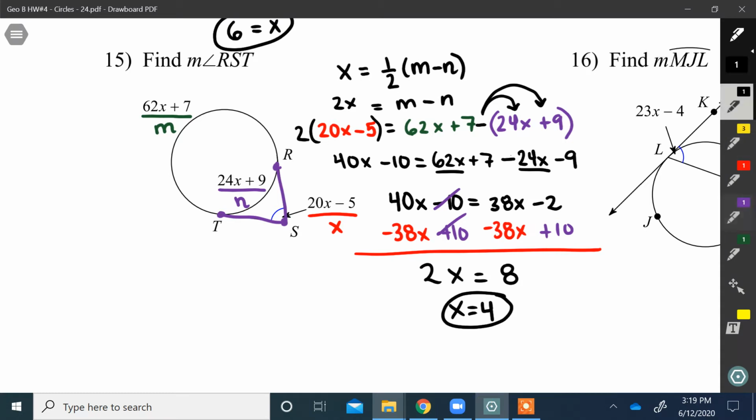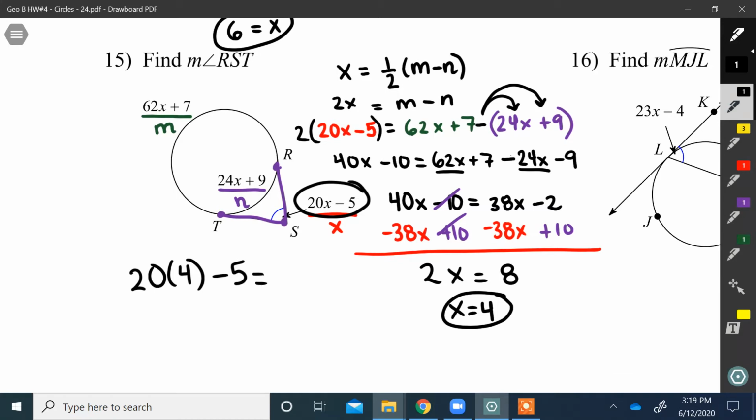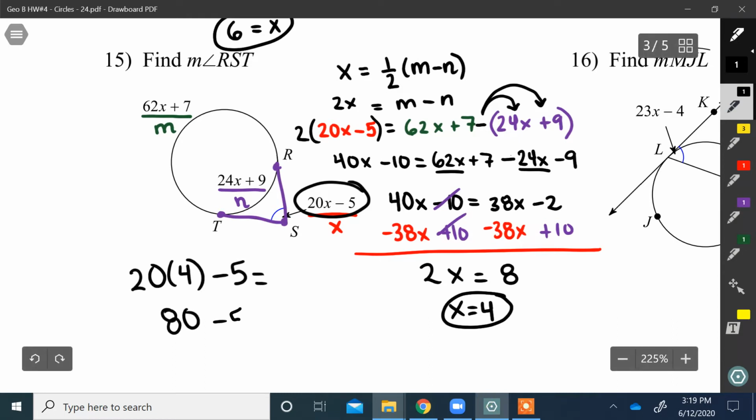Well, all I have to do now is replace that x with a 4 and then subtract 5. So 20 times 4 is 80 minus 5. Your final answer should be 75.